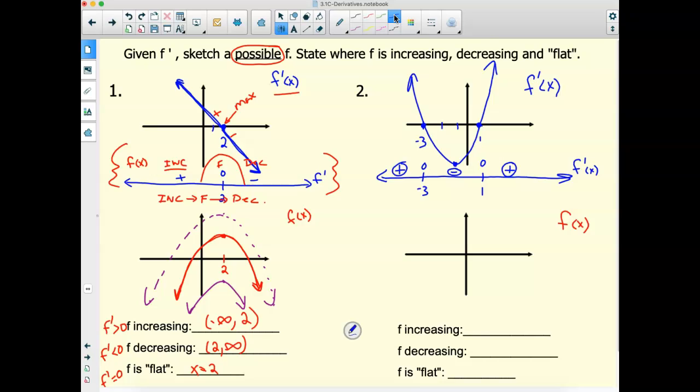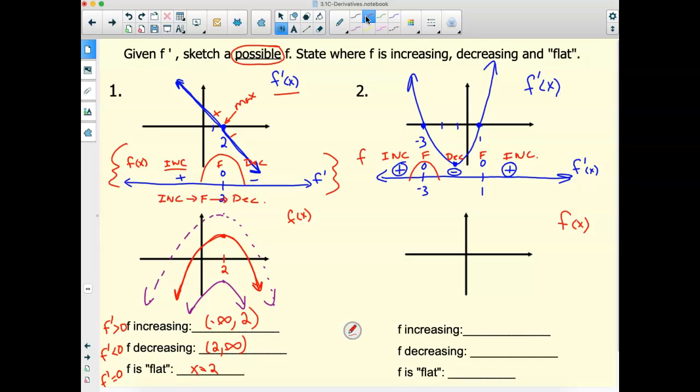So what that communicates to me on f, okay, to go to f now, positive is increasing, 0 must be a flat, this must be a decreasing, this must be some type of flat, to increasing again, okay? And as I look at this, I increase to flat, then I decrease.